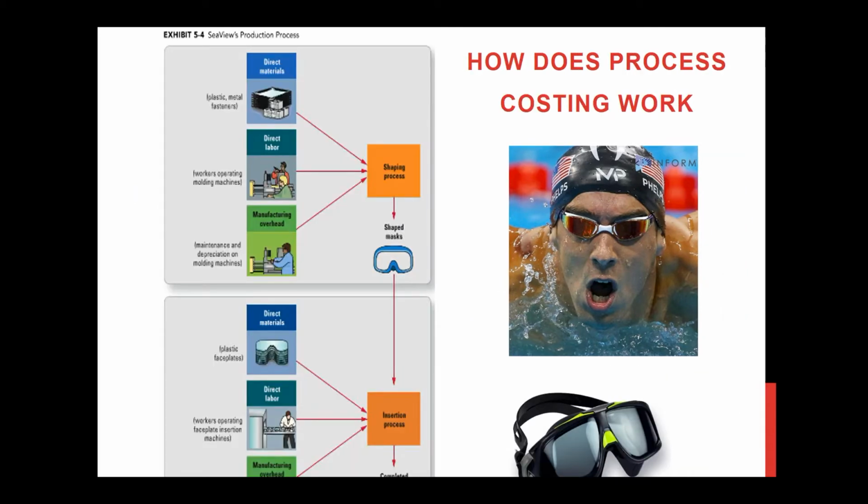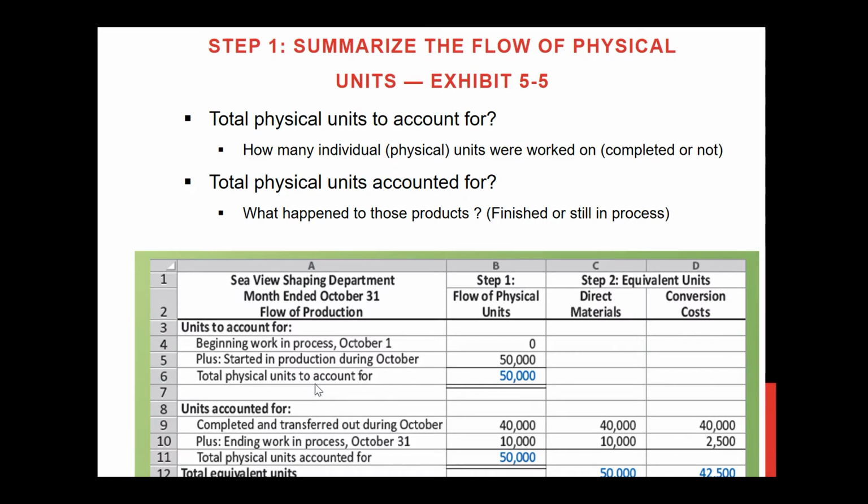Now for this company, the name of the company is Seaview, and they produce these swimming glasses, and they have two processing departments. Their first processing department is the shaping process, and the second department is the insertion process.